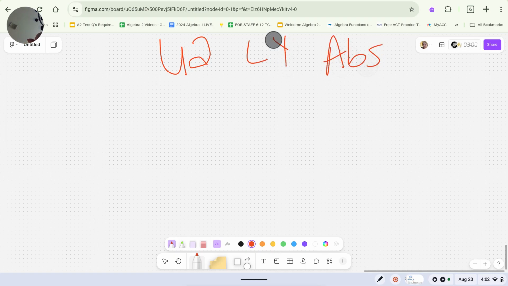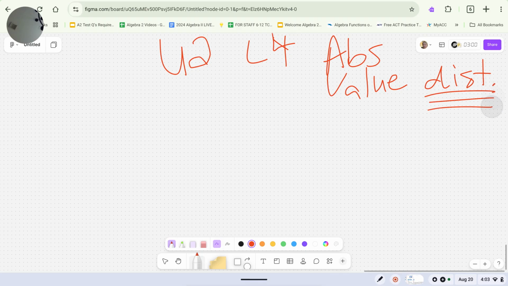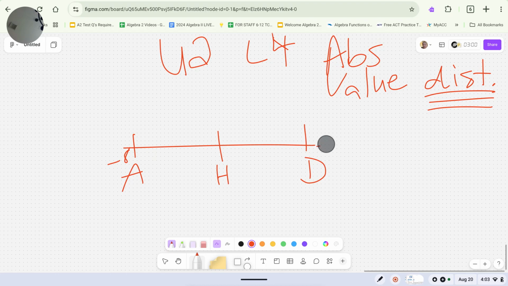Now, when you think about absolute value, I want you to think about distance. Distance is something that can never be negative, right? Because you're not going back in time. So let's just pretend, here's Houston, here's Austin, and here's Dallas. Let's just say Austin is at -8, Dallas is at 7, and Houston's at 0.